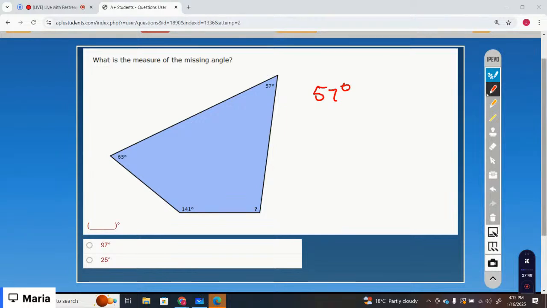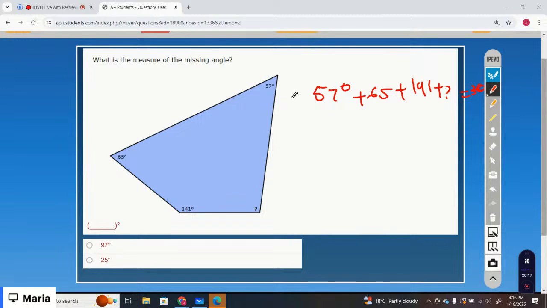So the sum of angles in a four-sided shape is 360, right? 57 plus 65 plus 141 plus the missing angle equals 360, right? So add the given angles, they are 57, 65, 141.